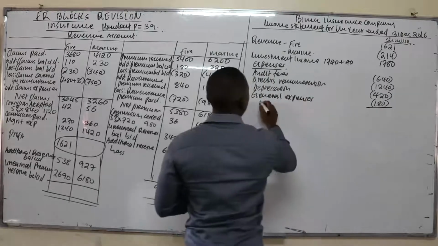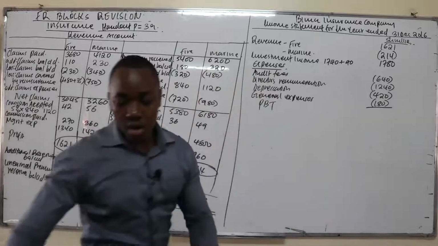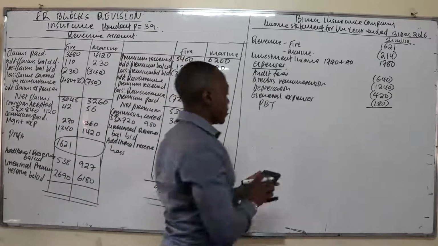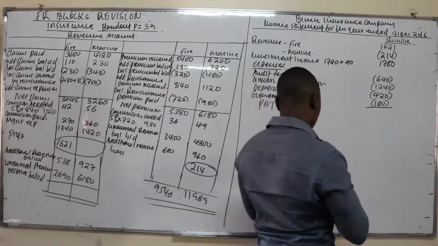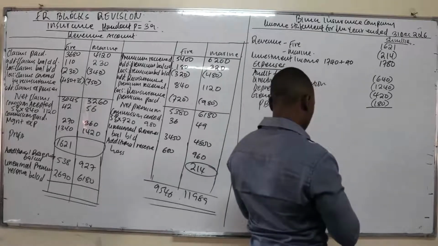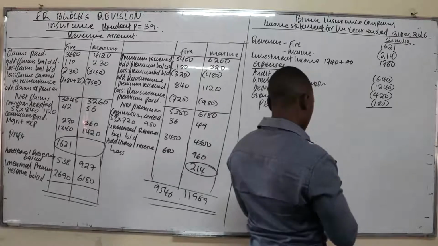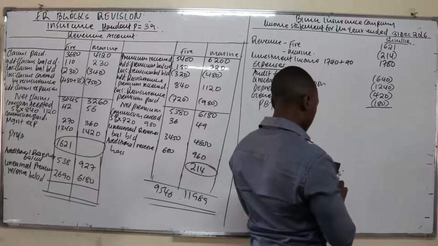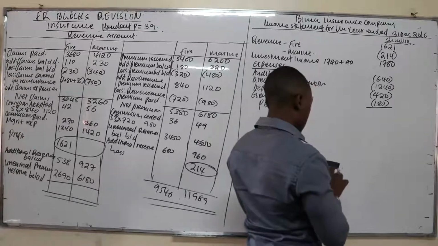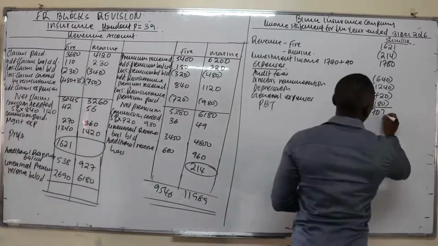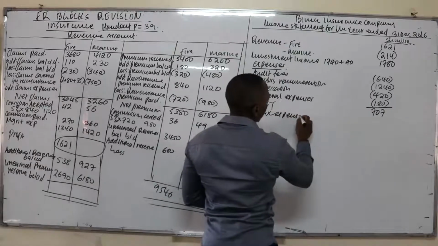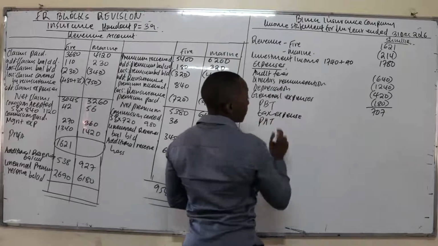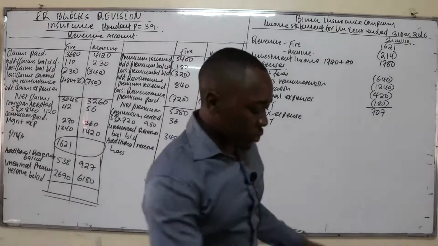So we get our profit before tax. So how much is our profit before taxation? Here I'm getting 707. Then we raise the tax expense so that you get profit after tax. So how much was the tax expense?